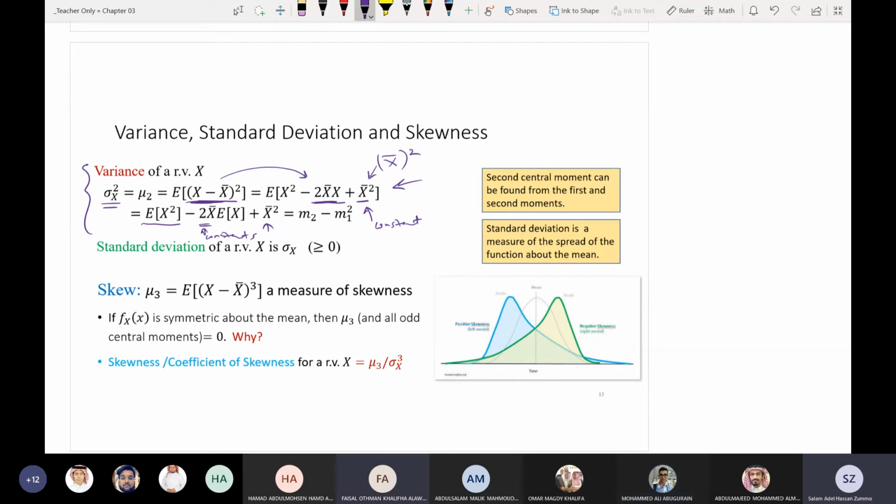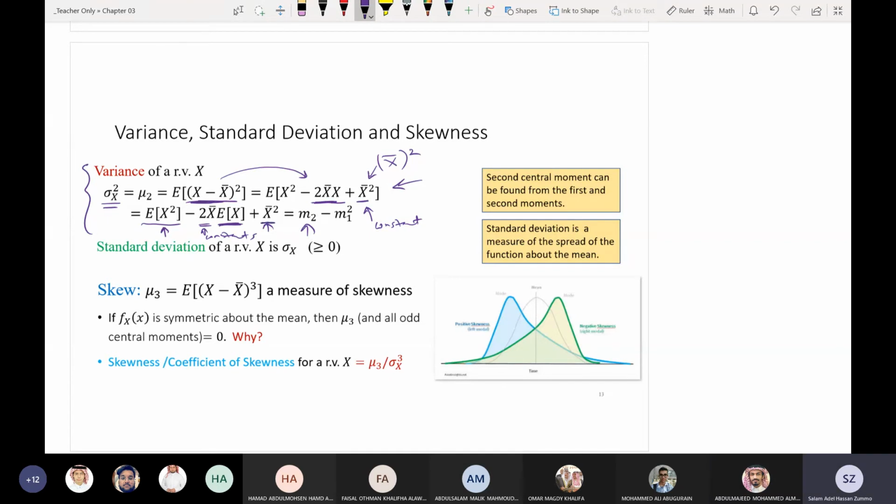Yes. So the first term is M2, which is the second moment. The second term is 2 x bar, and what is the expected value of x? The mean. So basically we have 2 x bar squared, right?